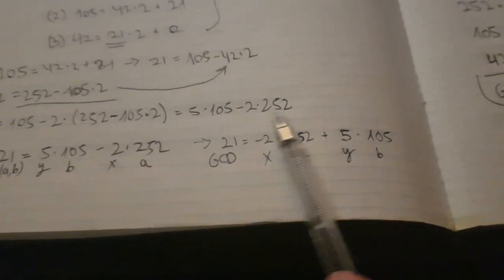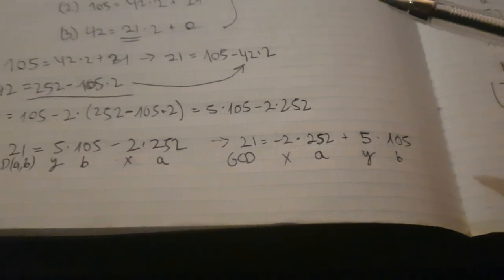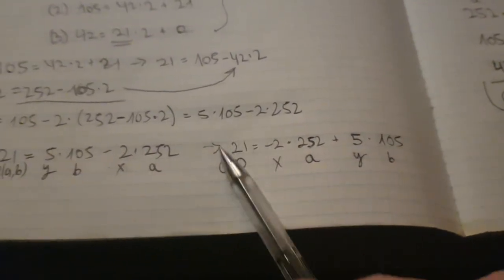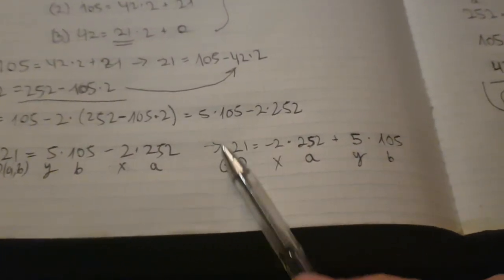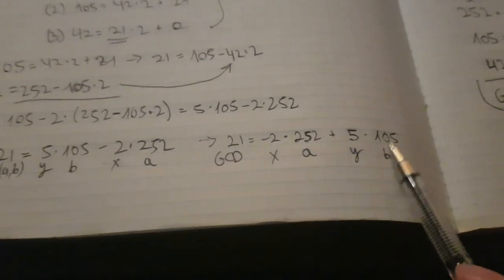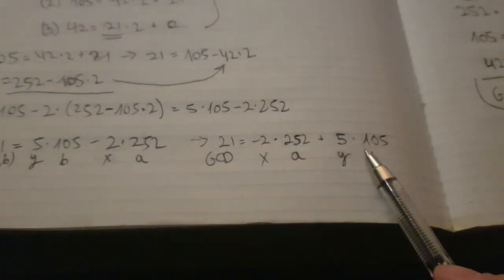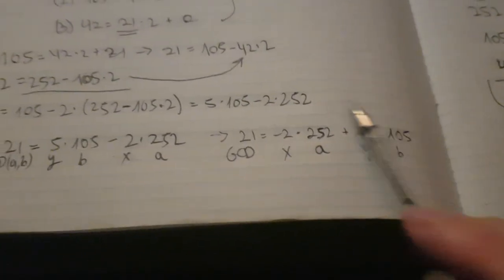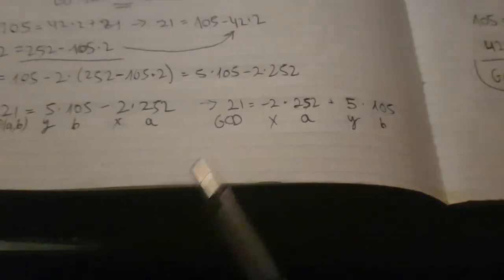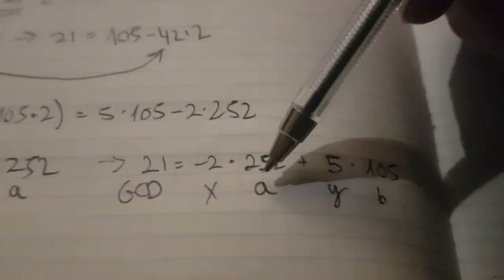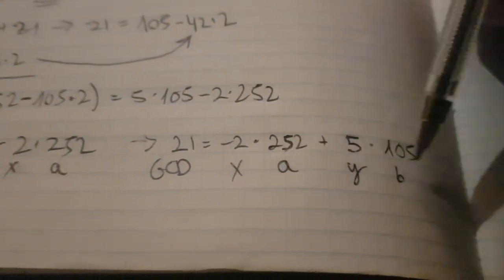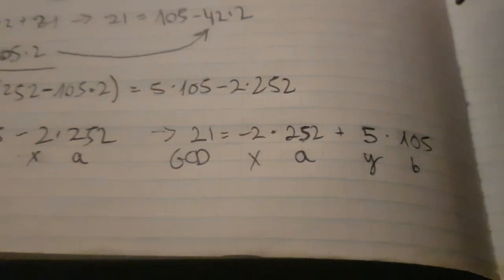And here you can see that I got what I wanted. I wanted to represent our GCD by the A and B on which the GCD worked, with coefficients, which are x and y. And this is exactly what I got. So here I define my GCD as a linear combination of A and B.